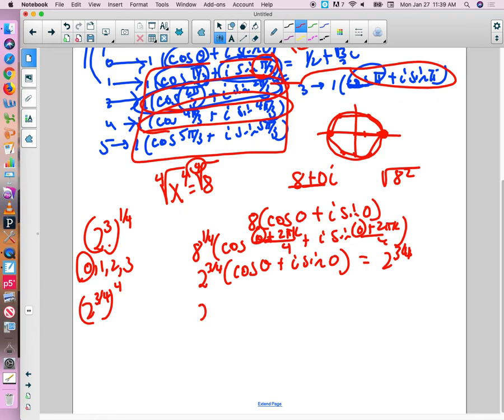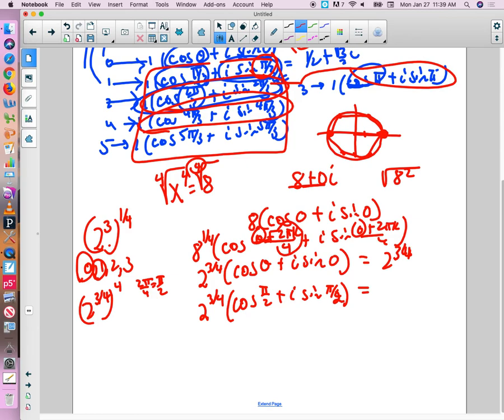Then what I would do is keep my r, 2 to the 3/4, and then I'm going to add 1. So if I put in 1, I get 2 pi over 4, which is pi over 2. So I have cosine of pi over 2 plus I sine of pi over 2.